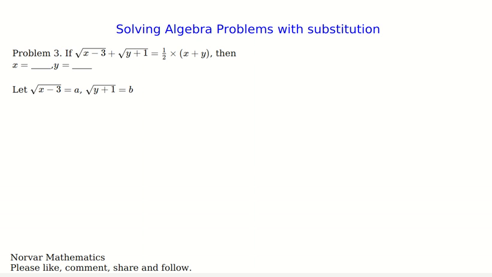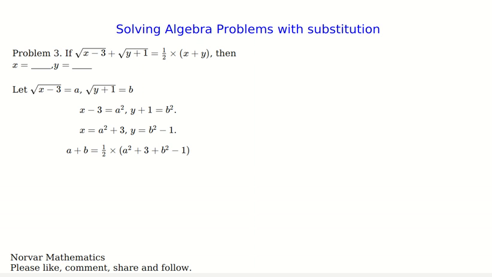Let √(x − 3) = a, √(y + 1) = b, then x − 3 = a², y + 1 = b². x = a² + 3, y = b² − 1. Substitute in the condition. a + b = 1/2 (a² + 3 + b² − 1).